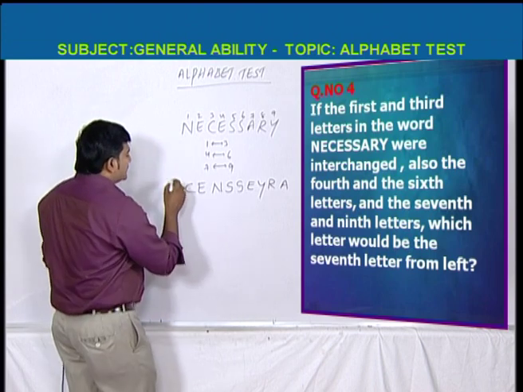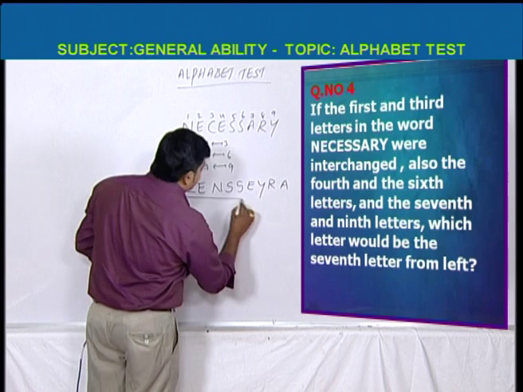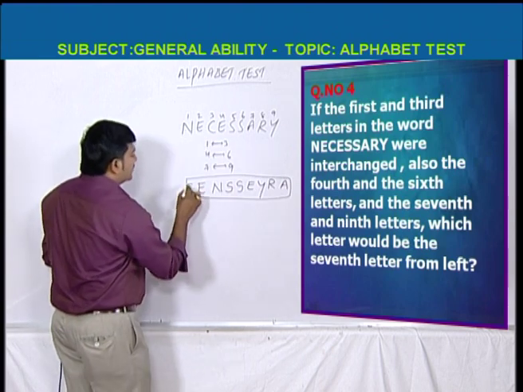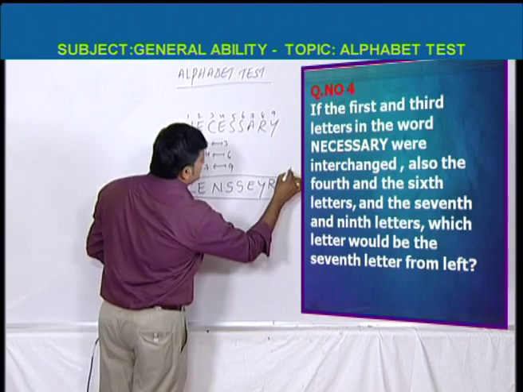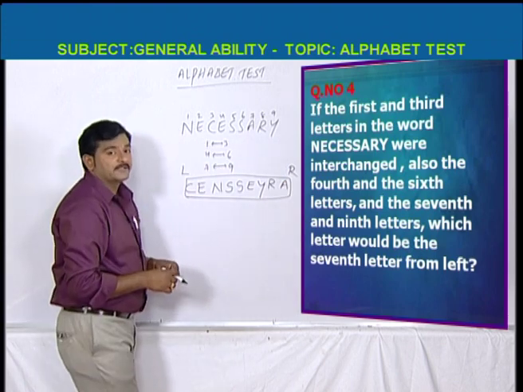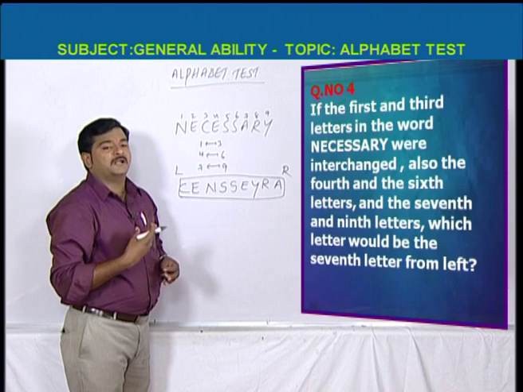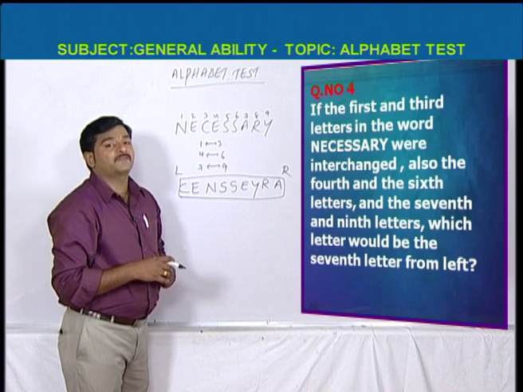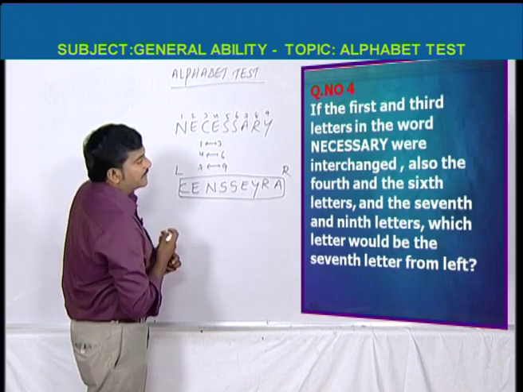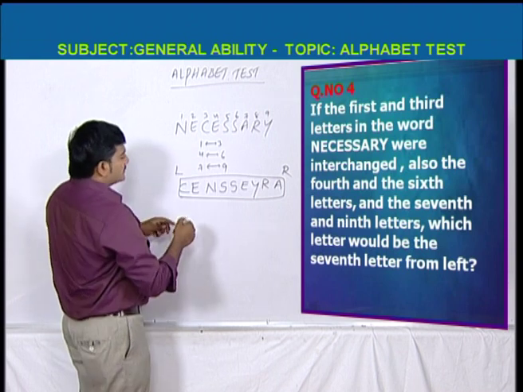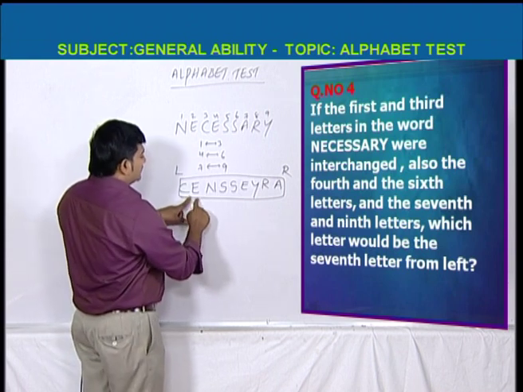Now, let's say this is the complete word. Here this is the left side, this is the right side. What did he ask to find? He asked which letter would be the 7th letter from left. So we have to find the 7th letter from left.